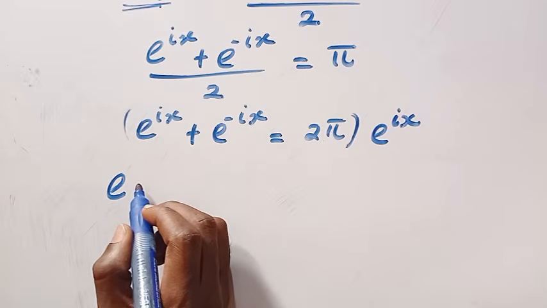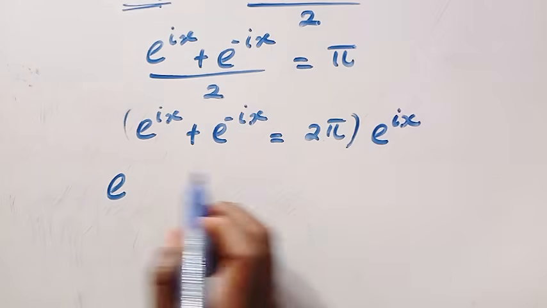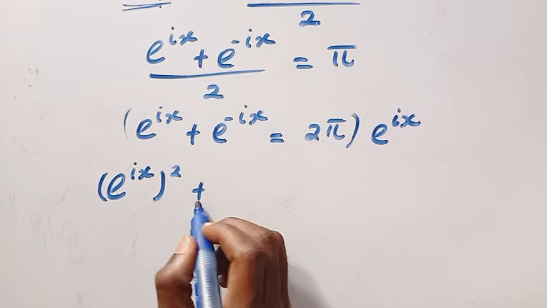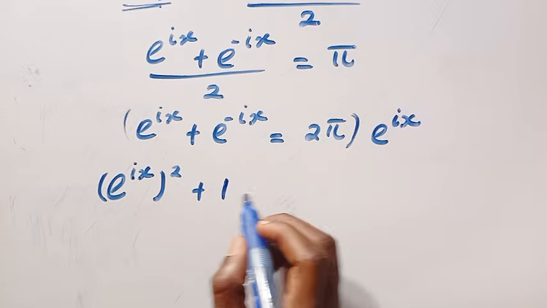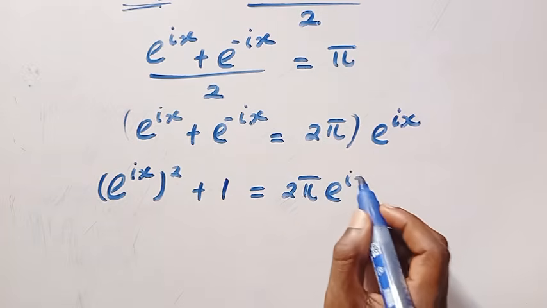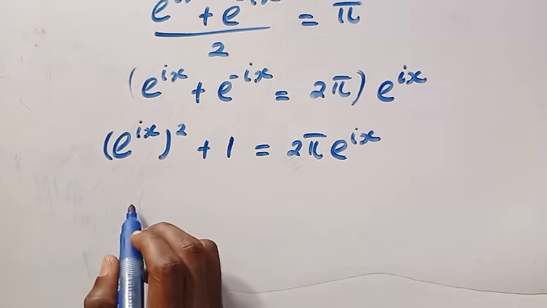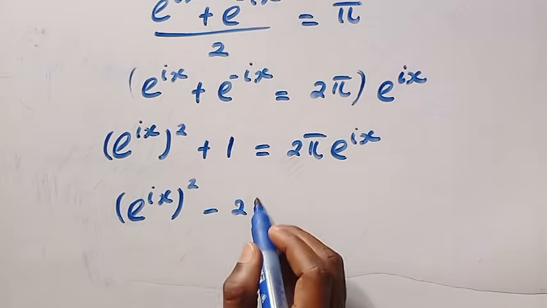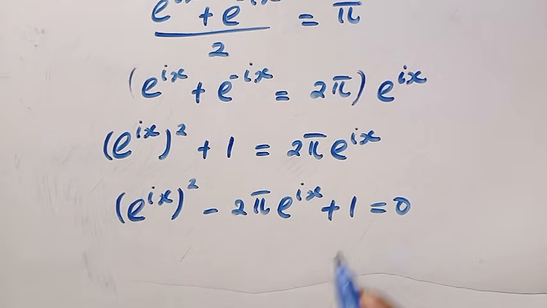Following the rule of indices, we have e power ix, all raised to power 2, plus 1, since the terms e power minus ix times e power ix become 1, equals 2 pi e power of ix. So we have e power of ix raised to power 2, minus 2 pi e power of ix, plus 1 equals 0.